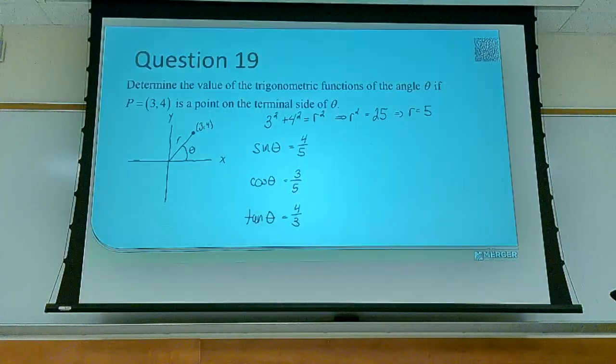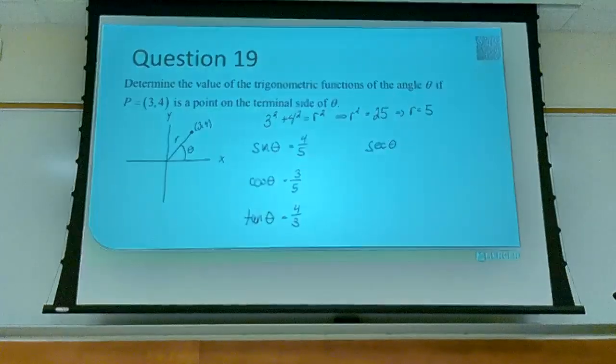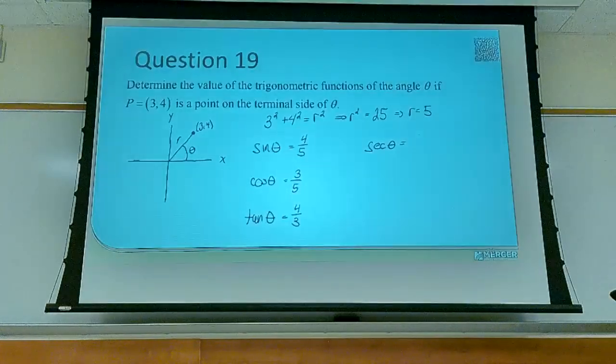What is secant? The reciprocal of cosine, which is 5 over 3. Cosecant, the reciprocal of sine, 5 over 4. Cotangent, the same way as before.